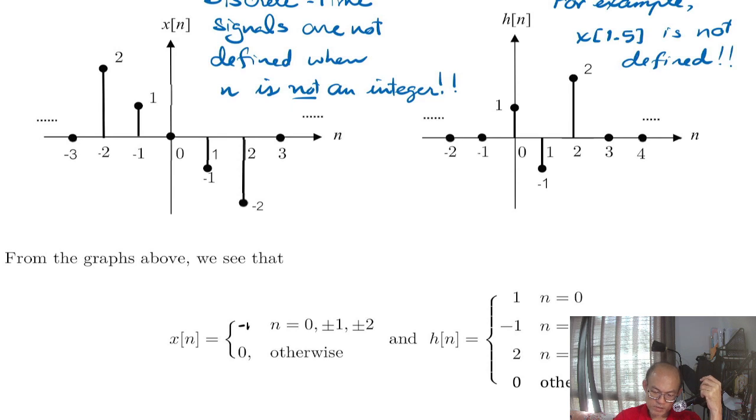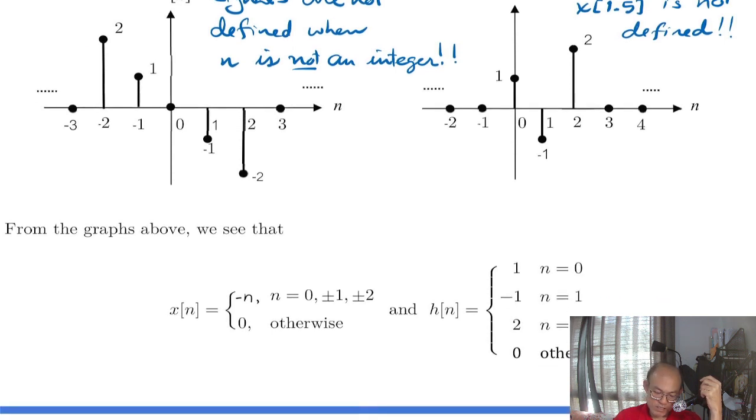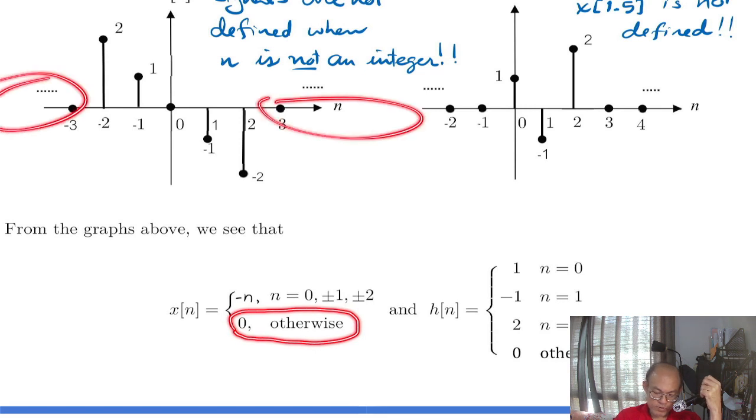Minus n. Okay, it has to be minus n here. This is x of n equal to minus n, where n is 0, plus minus 1, plus minus 2. And the rest, the value of x for other n's would be 0. So the rest here is 0.